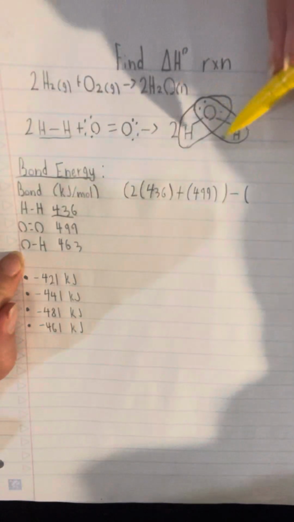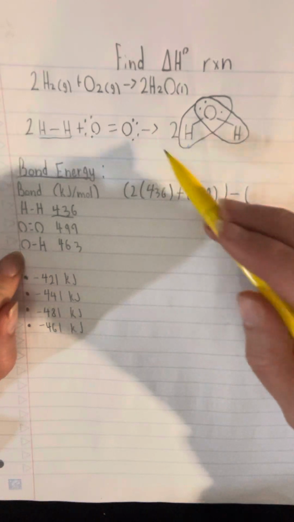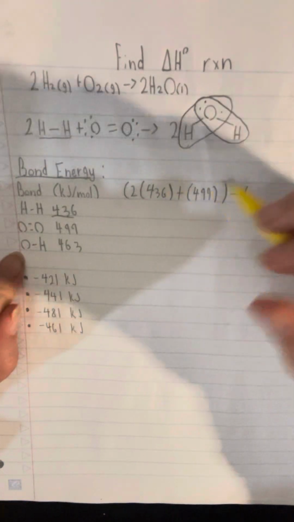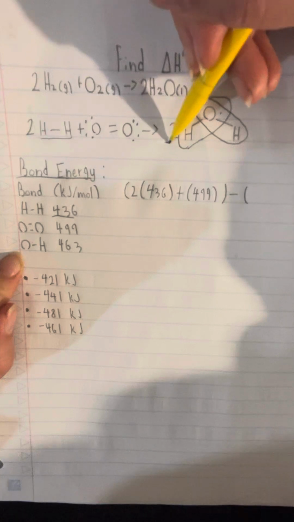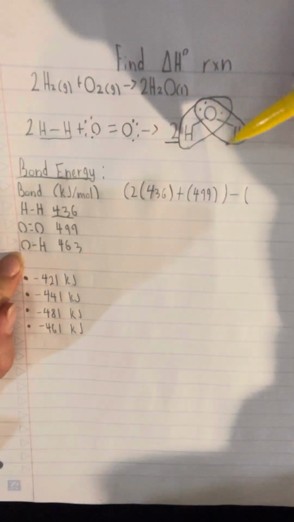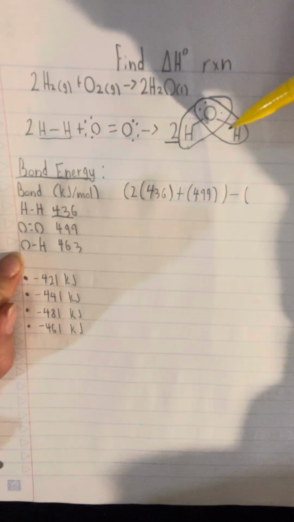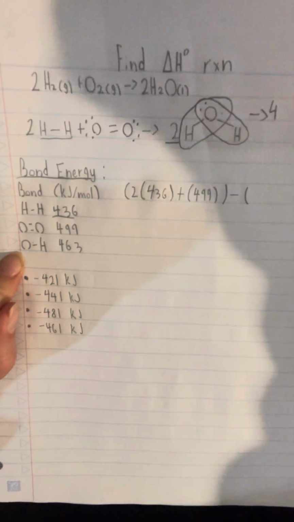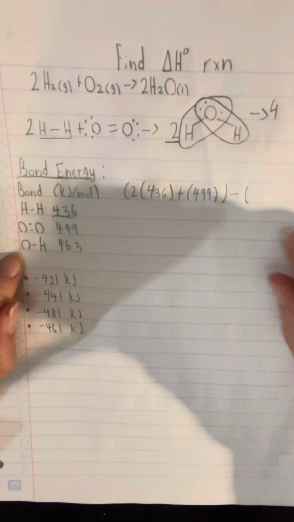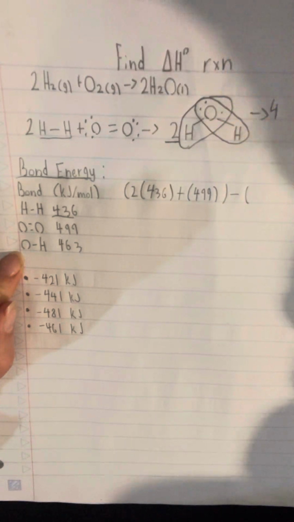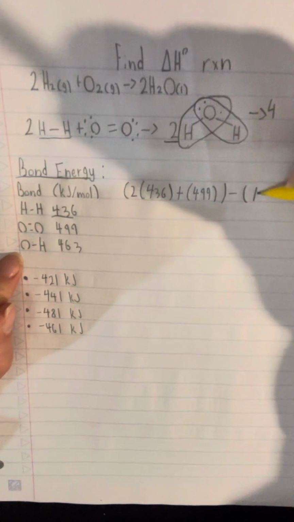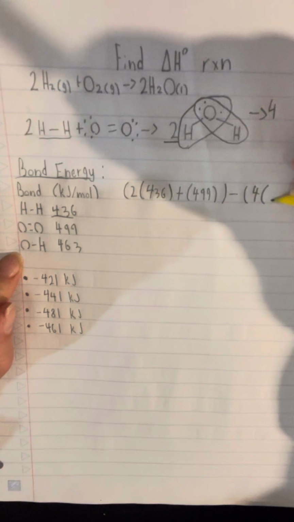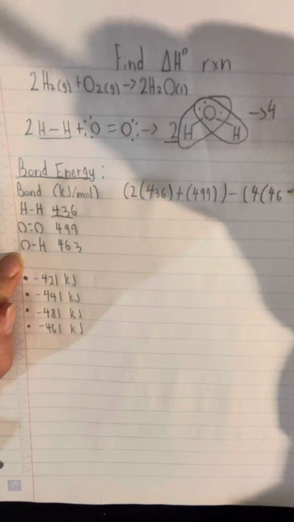So that's one OH bond, and then that's another hydroxide bond. So that's 2. But since they're both being multiplied, that's 2 hydroxide bonds times 2, which is actually 4. So instead of putting a coefficient of 2 here, since there are 2 hydroxide bonds, you're going to put a coefficient of 4 and then multiply that by 463.